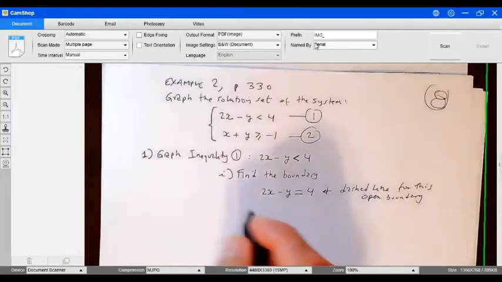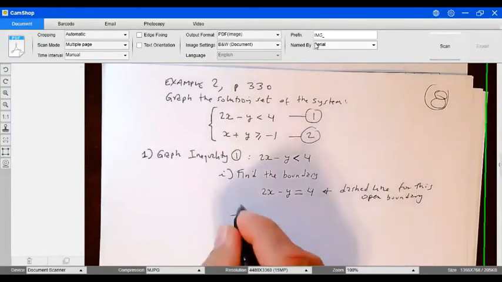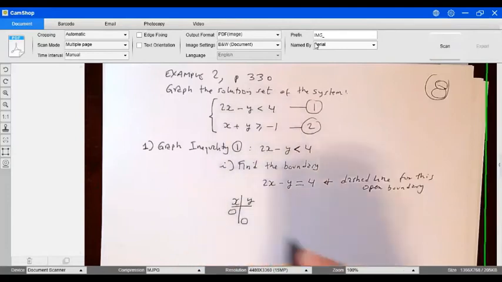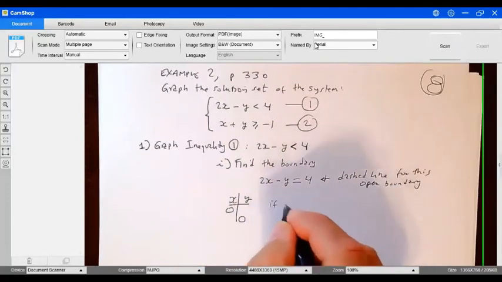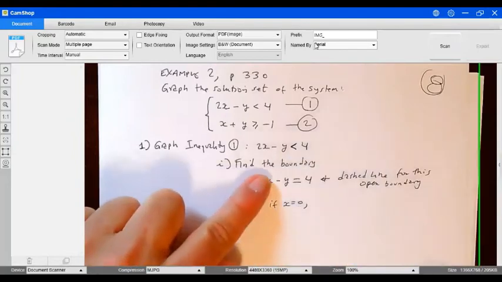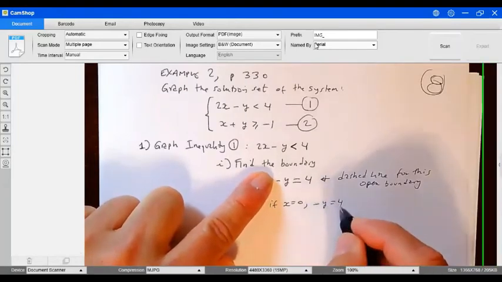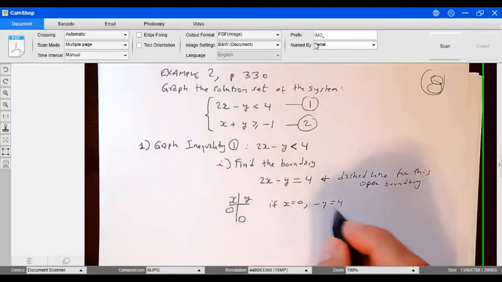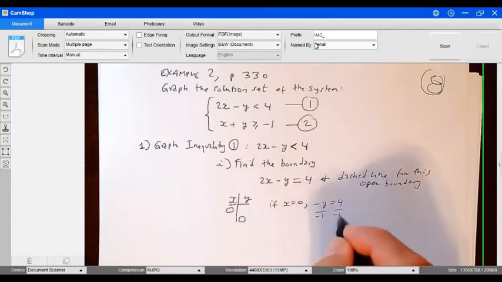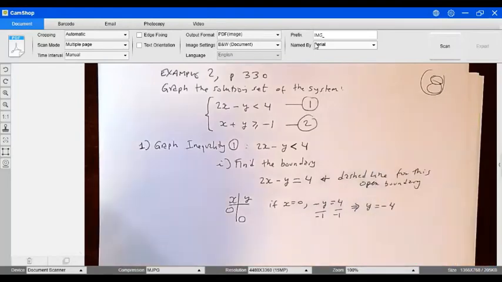Now we need to find the graph of this line. We find the boundary and we plot the boundary. So we're going to need to find the intercepts. If x equals 0, you just hide 2x, and you read negative y equals 4. Then you switch the sign, or divide by negative 1 on both sides, so you get y equals negative 4.